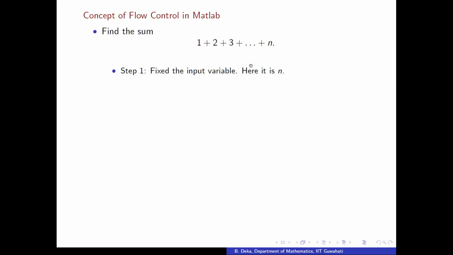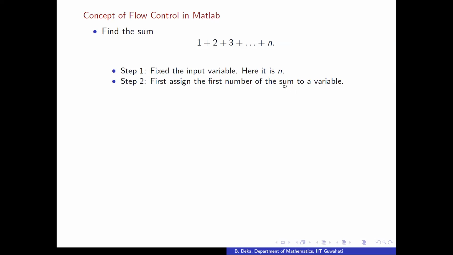You already know how to give the input of a variable. And the second stage is, since you are going to get this value 1 plus 2 plus 3, there should be a variable which is responsible for storing that sum. That means there should be a variable to store the outcome, so you have to assign that outcome to some variable.